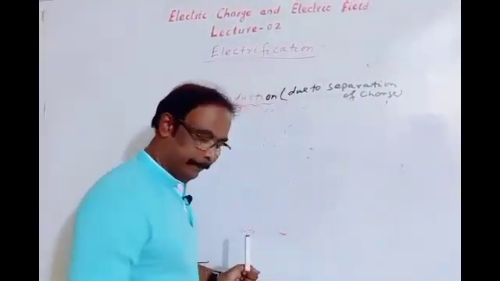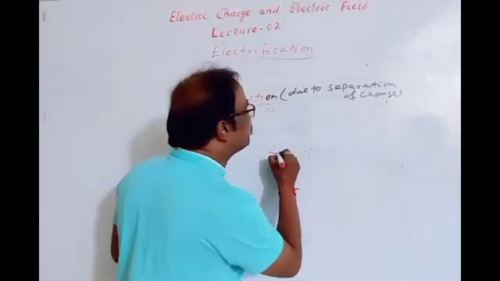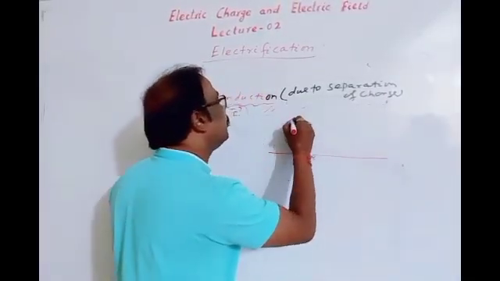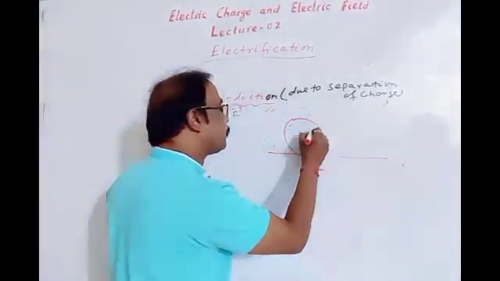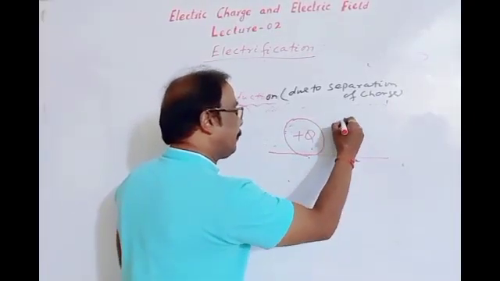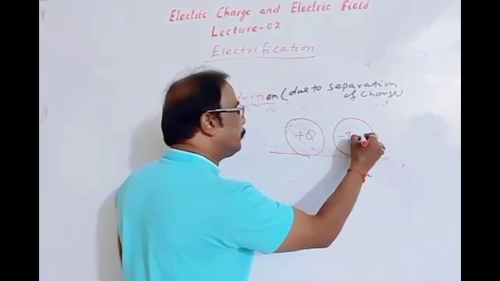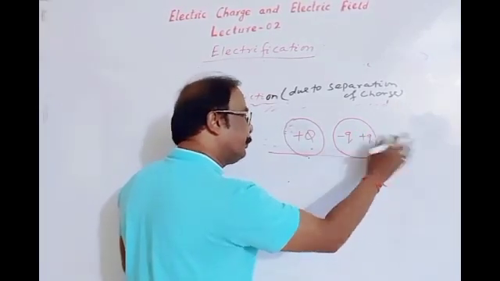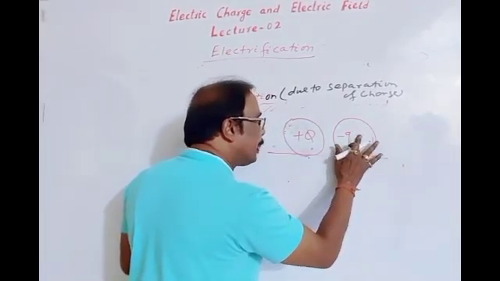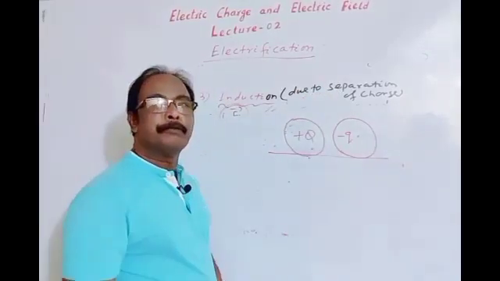See, suppose this is inducing charge on this body, let positive. Here, bound induced charge, total charge is minus q, free induced charge plus q. Now it is earthed, this charge vanished.